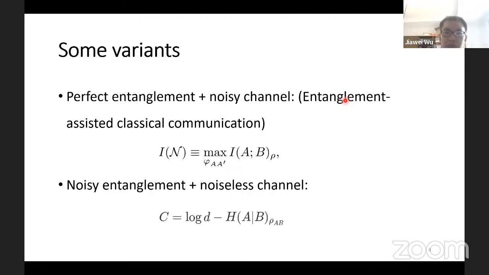Some variants of dense coding can be quickly constructed. If we have perfect entanglement and a noisy channel, this is the setting of entanglement-assisted classical communication. The capacity of this setting is very famous because it can be single-letterized. We can also have the case of noisy entanglement and a noiseless channel. In this case, the capacity is also very simple.